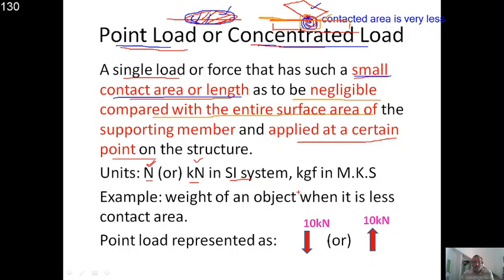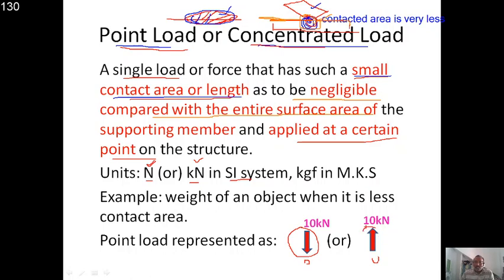Newton or kilonewtons. Similarly, you can understand here how the point load is shown. Whenever any problem says a point load, this should be the representation of a point load. If it is downward, it will be like this. If it is acting upward, then this is the representation.